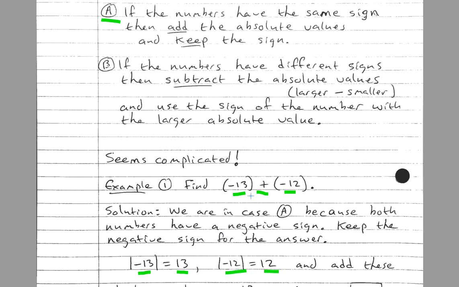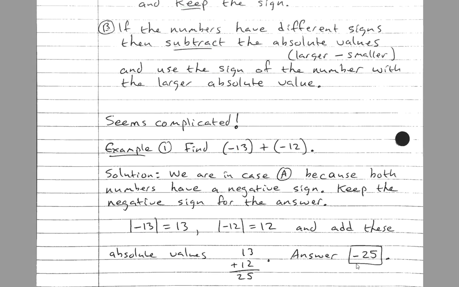The absolute values are 13 and 12. Add those absolute values, that's 25, and keep the negative sign. So the answer is negative 25. And double check that makes sense on the number line. You're starting at negative 12, and you move another 13 units to the left. You can see you're getting to negative 25.